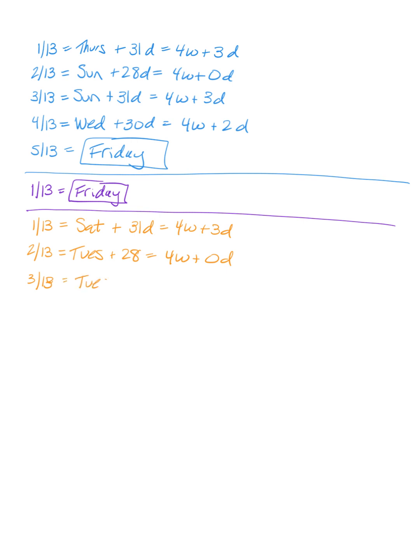It's Tuesday again. But then March has 31 days, which is 4 weeks and 3 days. So to get to April 13th, I'm going to move the day of the week forward 3 days. So Wednesday, Thursday, Friday. Found it. We have a Friday the 13th in April.